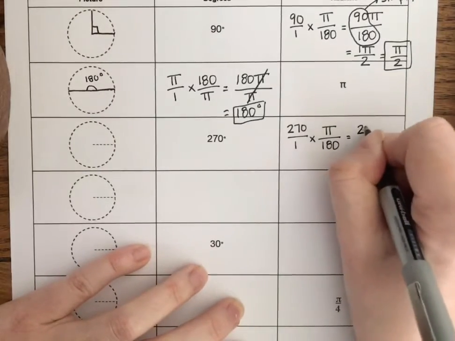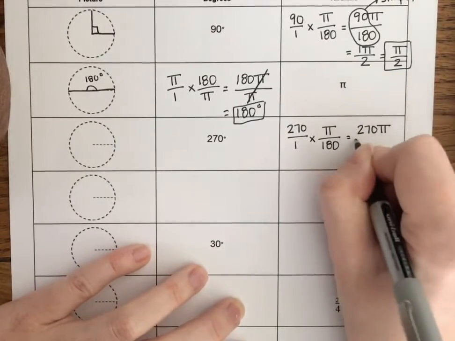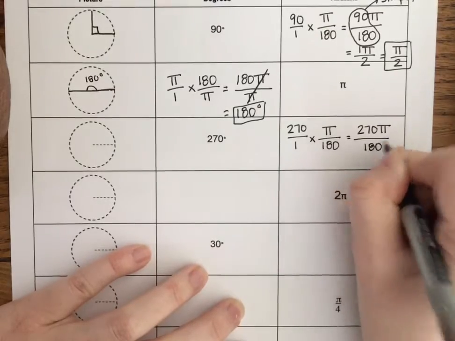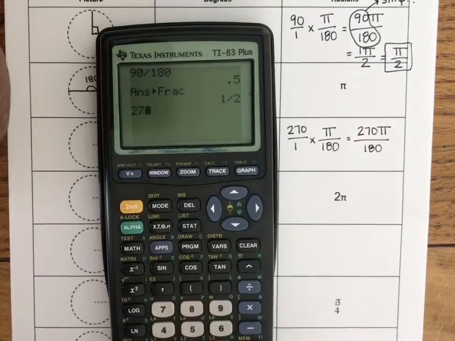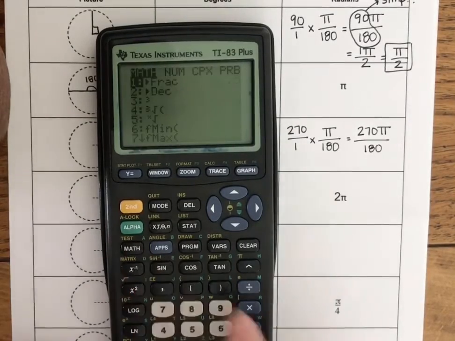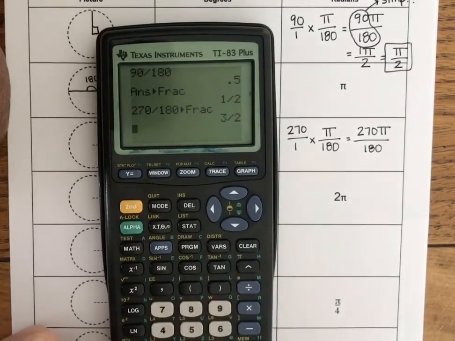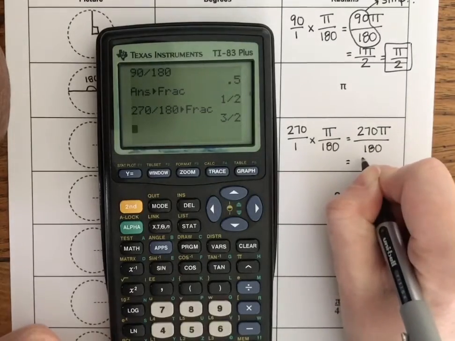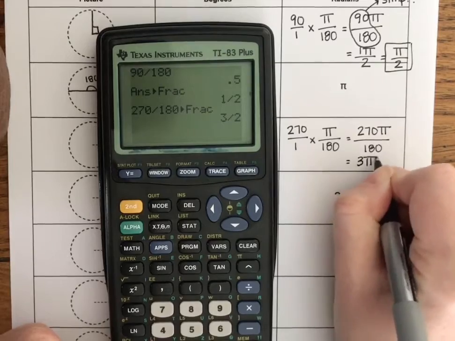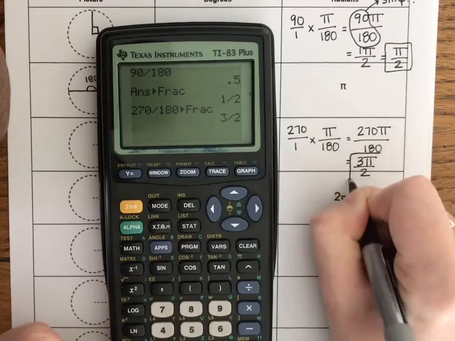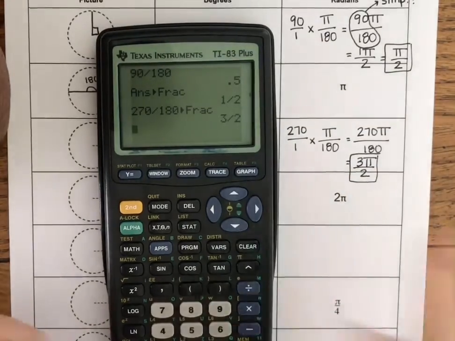Again, 270 pi over 180, and then all I have to do is simplify the fraction part right here. So 270 over 180, math, enter, enter, is going to give me 3 over 2. So 270 pi over 180 simplifies to 3 pi over 2. And that would be my final answer.